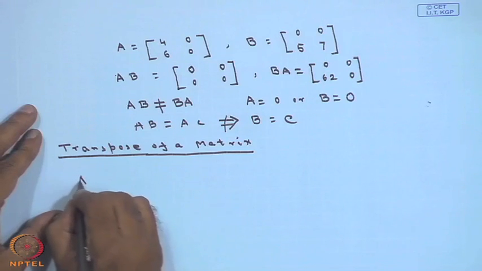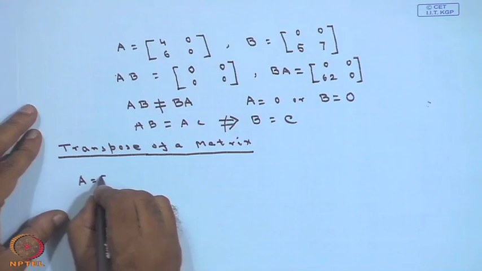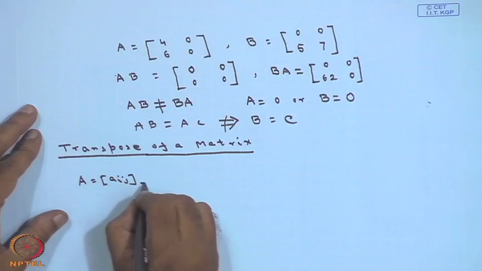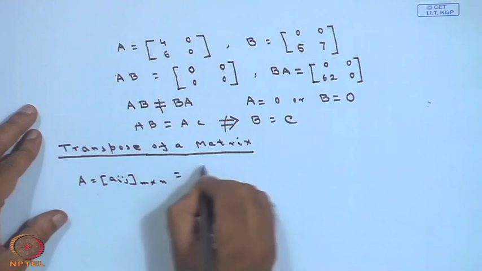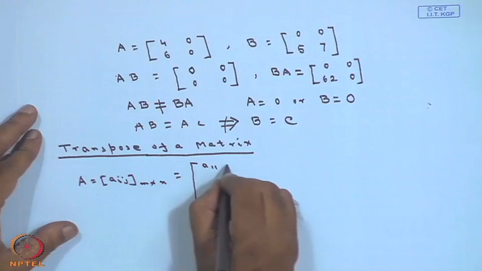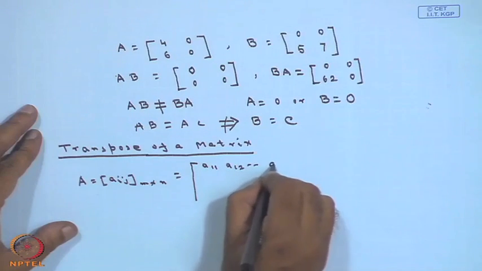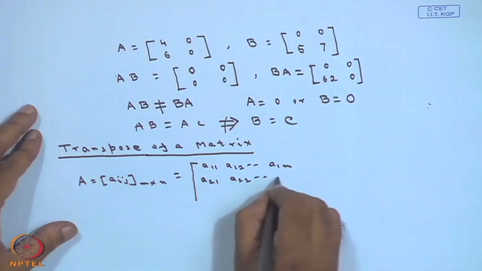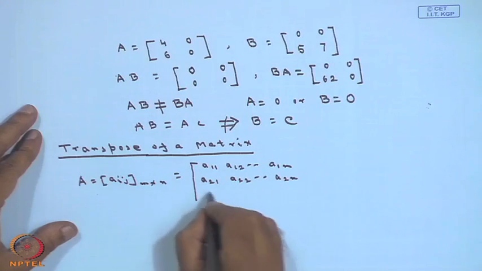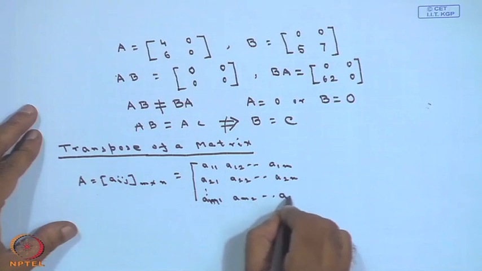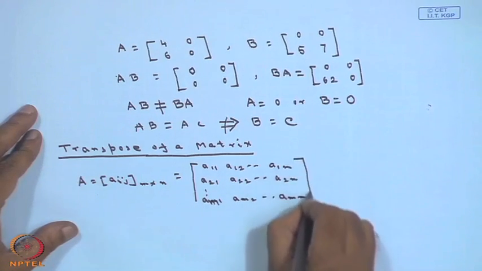That is, if you have a matrix A, which you are telling as Aij, m cross n matrix, suppose you are having A11, A12, A1n, A21, A22, A2n and Am1, Am2, Amn.